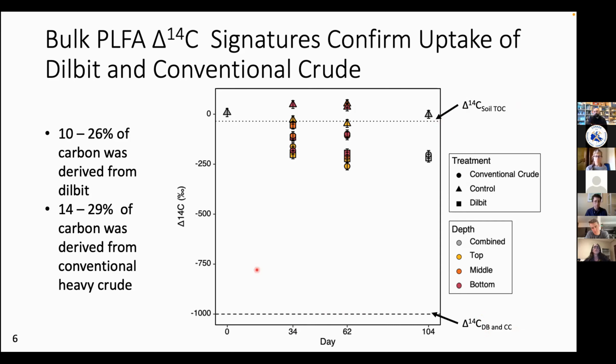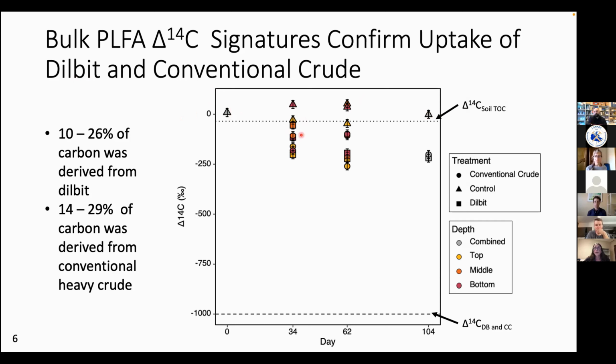So basically the results show that the triangles, the controls, were more positive or less negative than the circles and squares, which represented the conventional crude and the dilbit samples. So this control value from day 104 and day 0 is essentially unchanged.